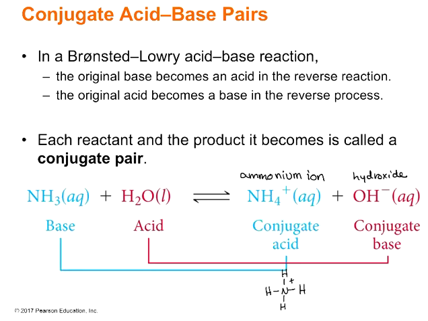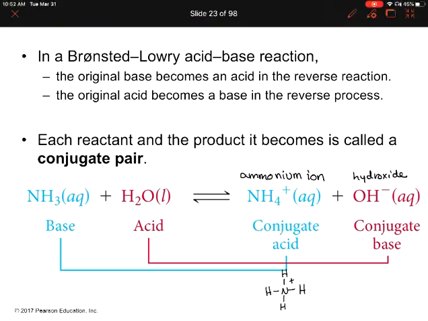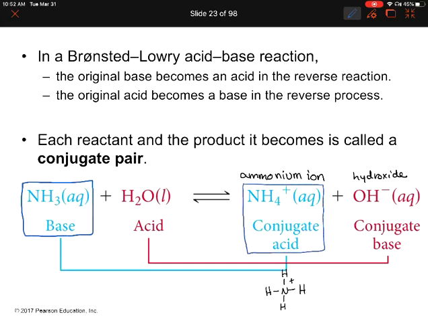So in this instance, we can start to pair up our reactants with one of the products. So NH3 would pair up with NH4. And we're going to call that a conjugate pair.